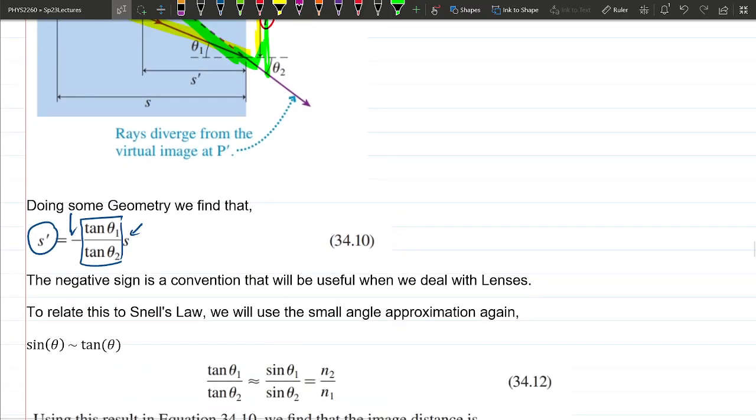All right, so tangent functions are going to be interesting and funky.